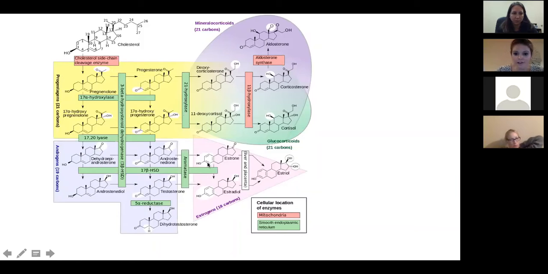And then we have our estrogens, with estradiol being the most common. Most people just lump all of these and call them all estrogens. And then up here we have cortisol, which is our only glucocorticoid, which is our stress hormone. And then you have your mineralocorticoids up top, which govern water balance in the body.